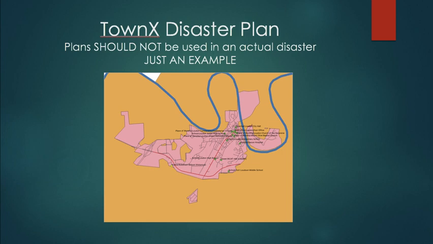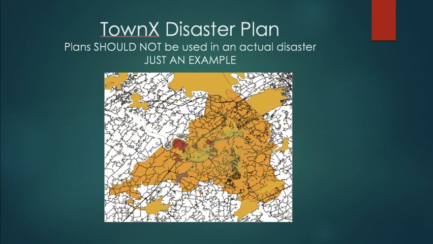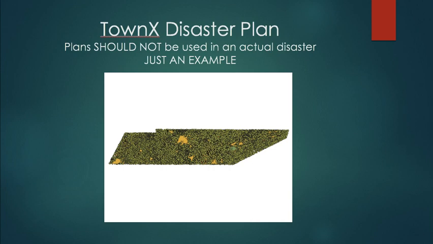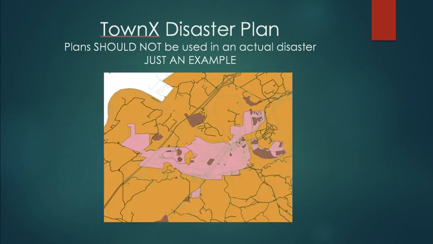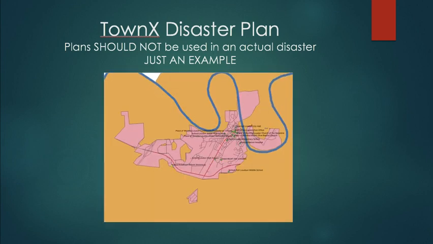We went from our big data of all of Tennessee, filtered it down to our county and city, and then we slowly started inputting more of our data by filtering only the POIs in the city and the roads, and then we were able to highlight which roads would best fit the roads needed to be taken in order to get from that cluster of schools down to the bottom two schools where they would be able to safely take their kids so parents could come pick them up and then deal with the flood accordingly. And thank you guys for today.